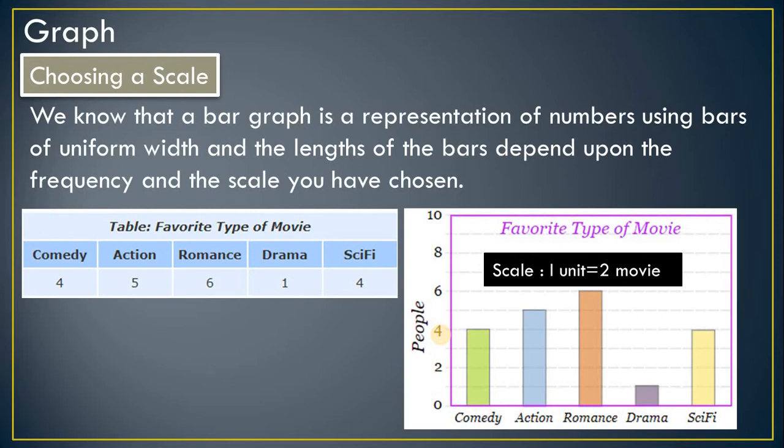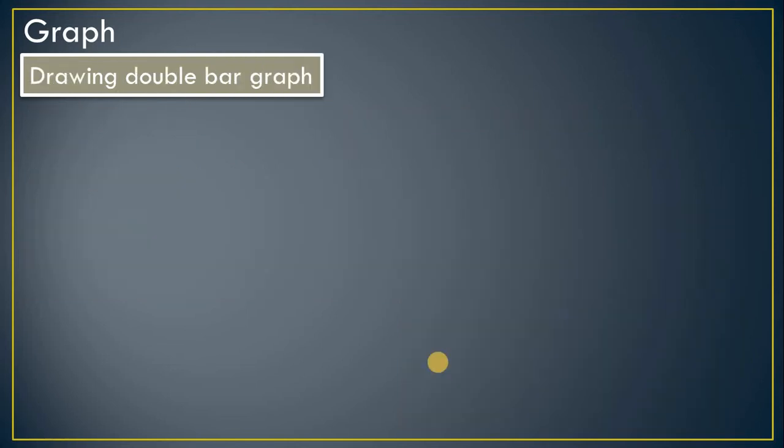Scale 1 unit equal to 2 movies. It can be 1 movie also in this example. So 1 unit equal to 2 movies, means between these two given values the distance should be of 2 movies. Got that? This distance is very important. If it is somewhere wrong, your entire graph will be wrong.